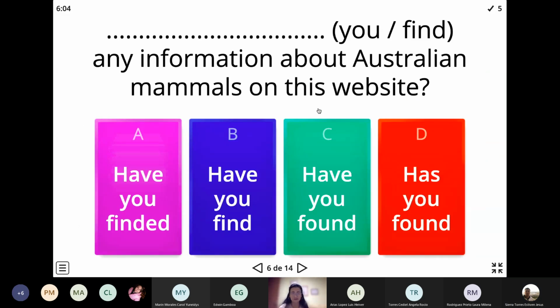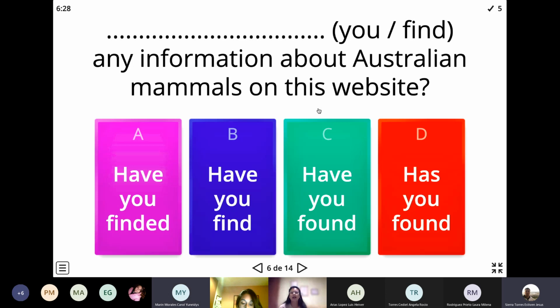Now, question. Have you found it? Have you found, or has you found? What is the appropriate word to complete the question? A. The past participle of the verb to find.